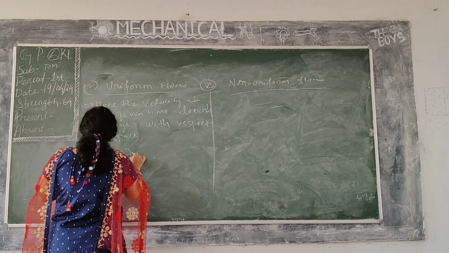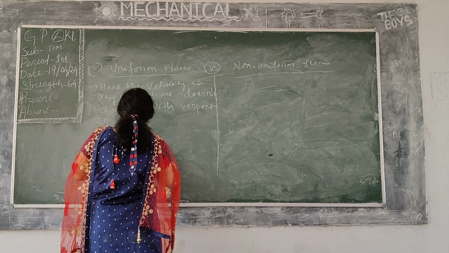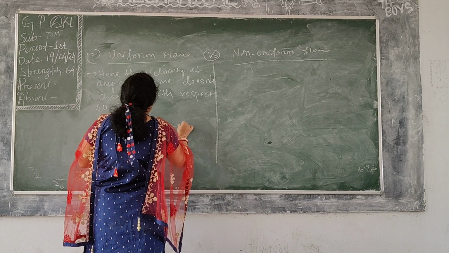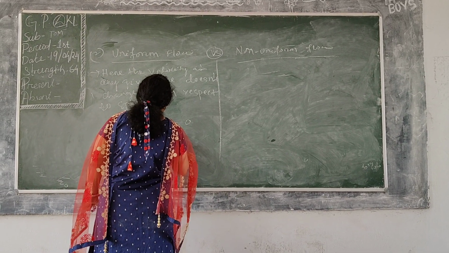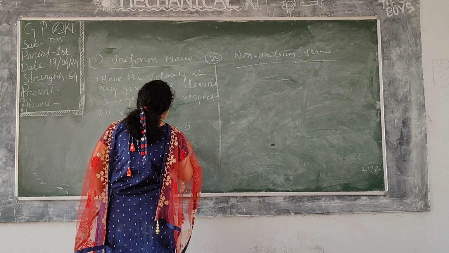So we can say dv by ds is equal to 0 when t is equal to constant.